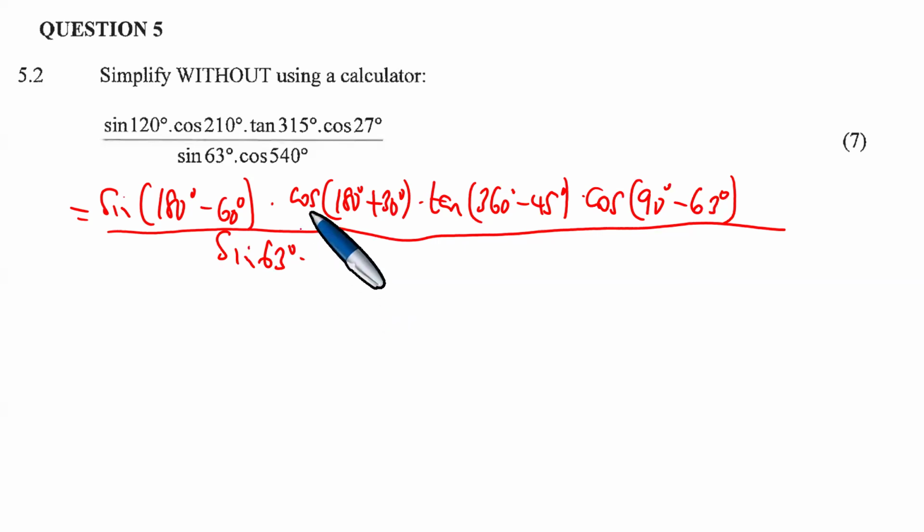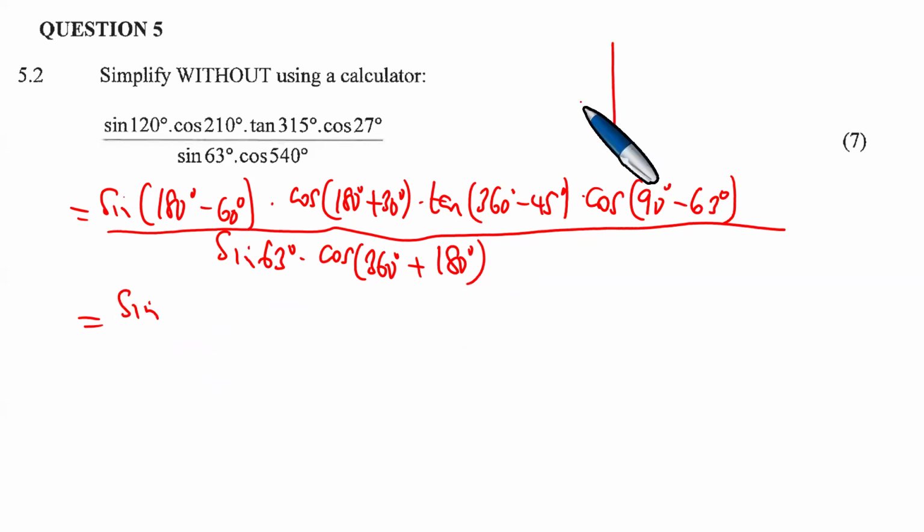Now the 540 is 360 degrees plus 180 degrees. You add 100 to 360, get 460, and 80 more gives 540. 180 minus 60 is an angle in the second quadrant, so the sign is positive in view of the CAST diagram.